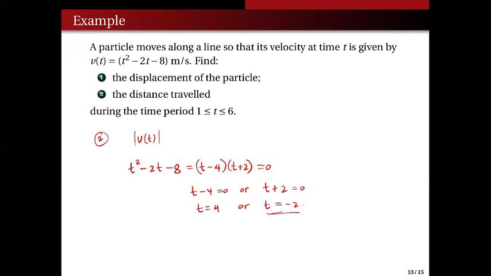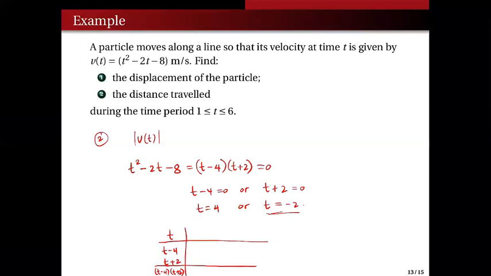Okay? So what is that? Here you have the values of t. This is your t minus 4, t plus 2. And then if you multiply them, you'll get here the v of t. So t minus 4, t plus 2.